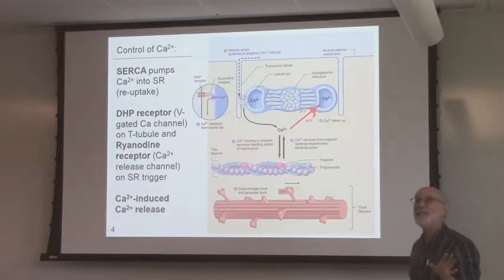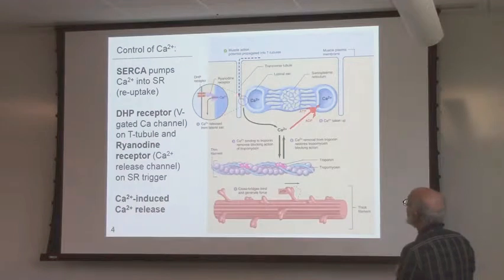In cardiac muscle, it's different. So here's a difference between cardiac and skeletal muscle. Skeletal muscle has a physical connection, which is cartooned here, between the voltage sensor in the T-tubular membrane and the calcium release channel in the sarcoplasmic reticulum membrane. Is that cartoon clear? So it's blowing up this connection between T-tubule and sarcoplasmic reticulum membrane.